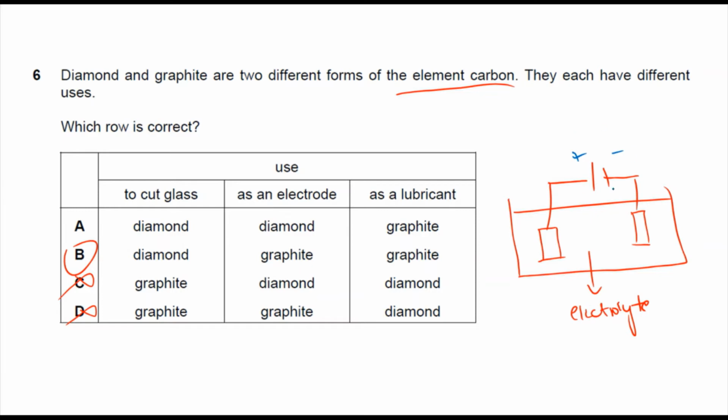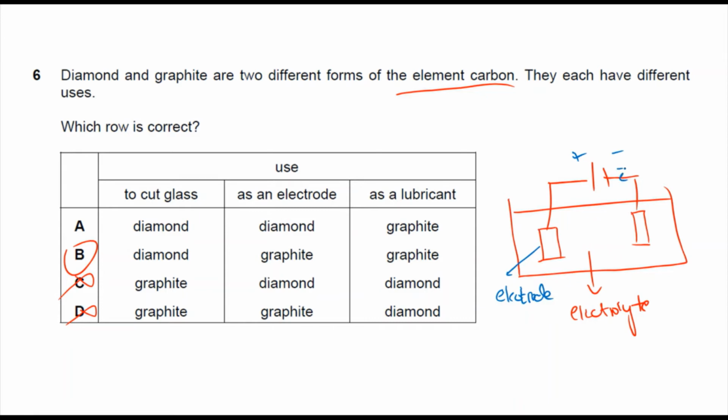So what happens in this? We use electricity to cause some kind of a chemical change in the electrolyte. Okay? Now tell me, this is the electrode. What does this electrode do? It basically conducts electricity into the electrolyte, right?